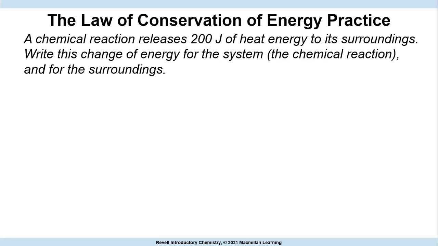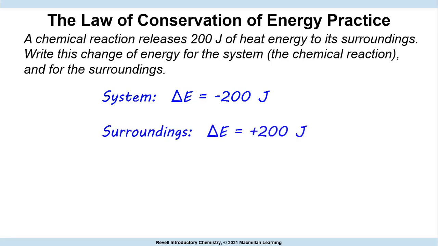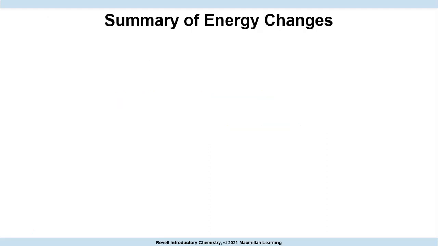Now we have to write an equation in terms of the system and the surrounding. For the system, we see that it releases heat, which means that delta E, which is energy, is going to be negative 200 because it loses heat. The surrounding is gaining heat, and as it gains heat, it means that delta E is going to be positive. Alright, so that is how you demonstrate it for the system and for the surrounding.